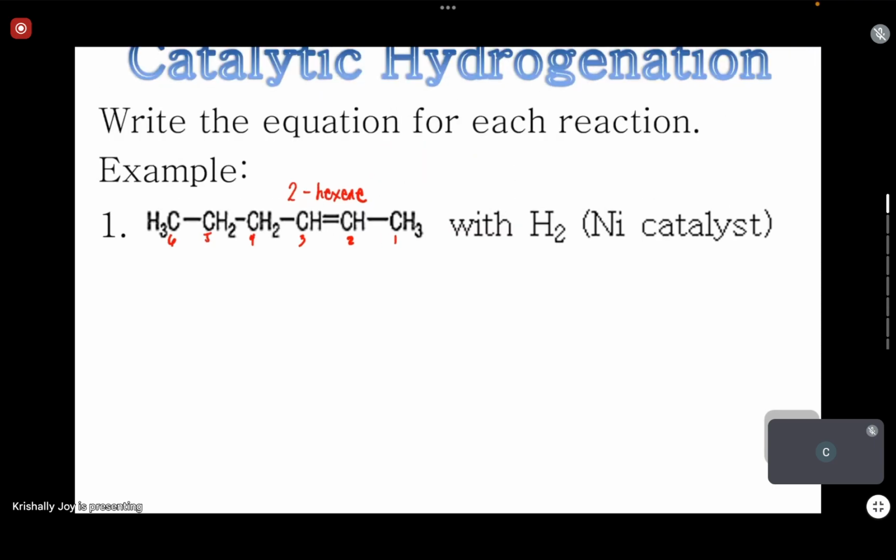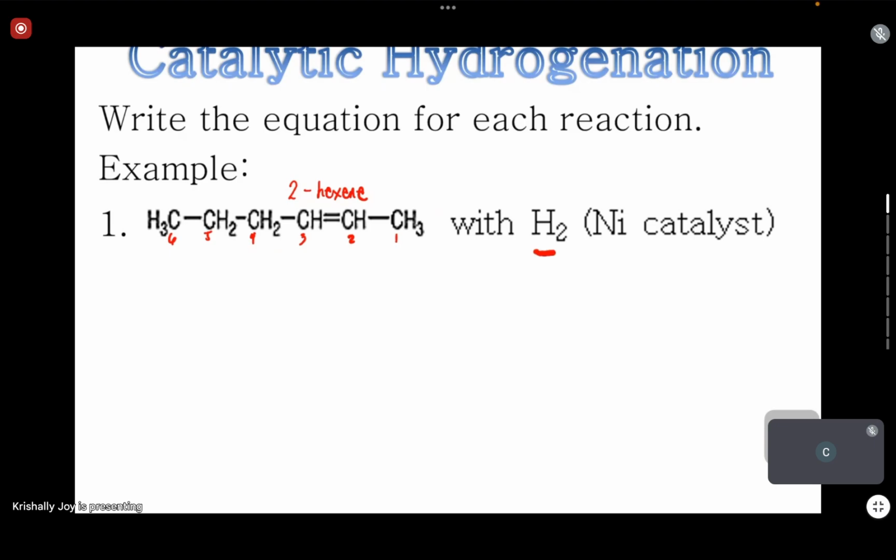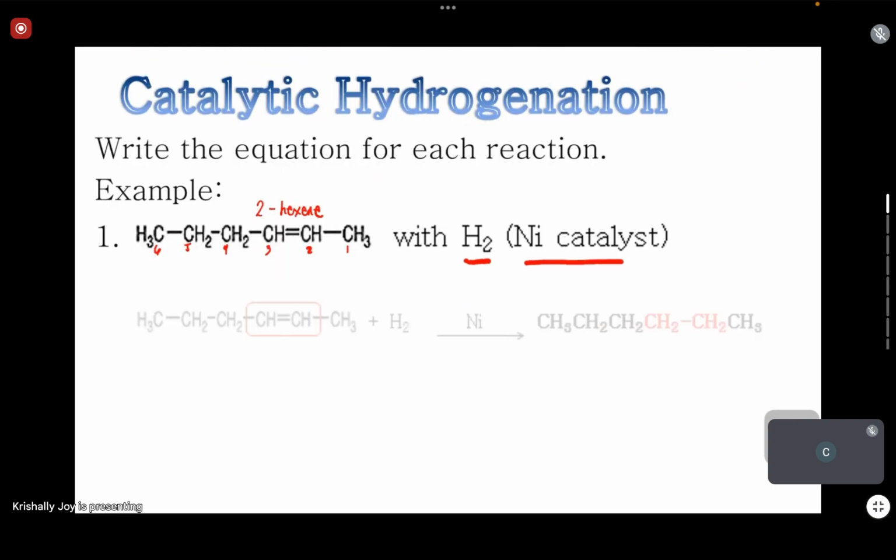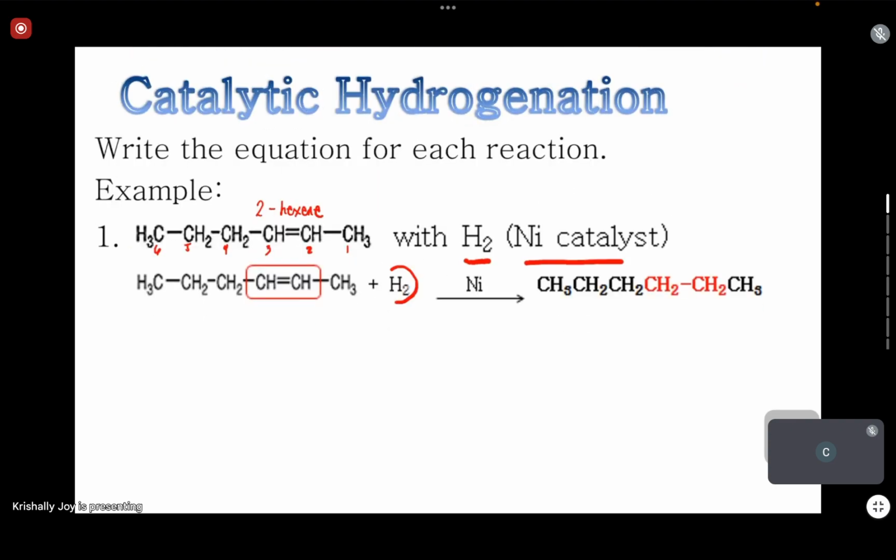And the 2-hexene is being processed via catalytic hydrogenation. It is being reacted with hydrogen gas in the presence of a nickel catalyst. So the type of chemical reaction here is obviously catalytic hydrogenation.